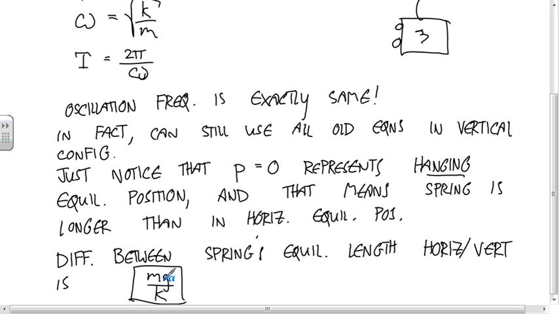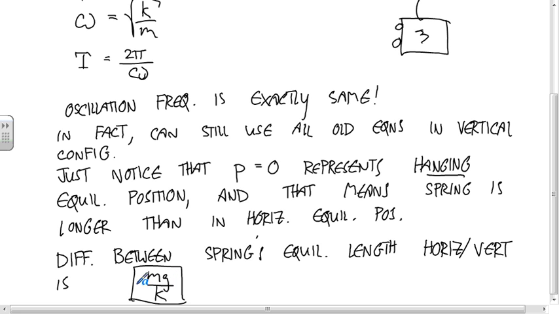And if the spring is stiffer, would you expect the equilibrium to be longer or shorter than if the spring is flimsier? Shorter, right? The stiffer spring won't stretch as much. And so those are the relationships that you see with these variables. If m gets bigger, this whole formula gets a bigger value. If k gets bigger, this formula gets a smaller value. Okay.